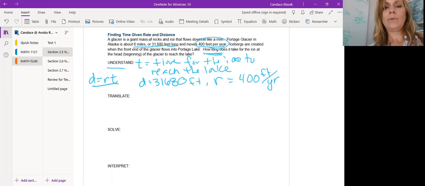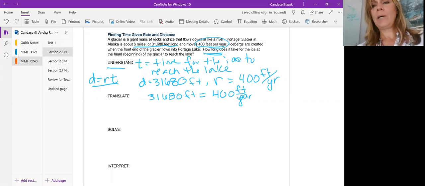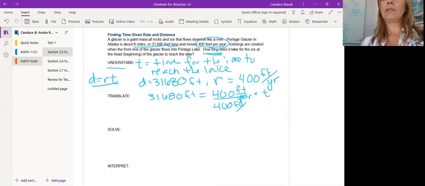So my distance, 31,680 feet, is equal to my rate, which is 400 feet per year, times my time. Now to solve for this, notice I left my units in, and you can choose to either leave your units in or take them out. But I'm going to go ahead and divide both sides by the 400 feet per year.